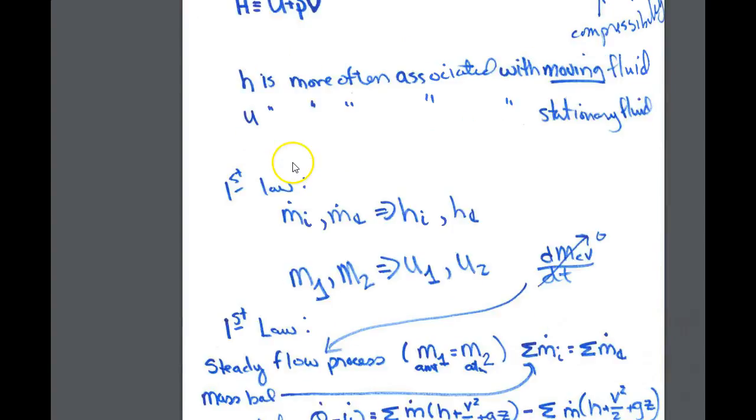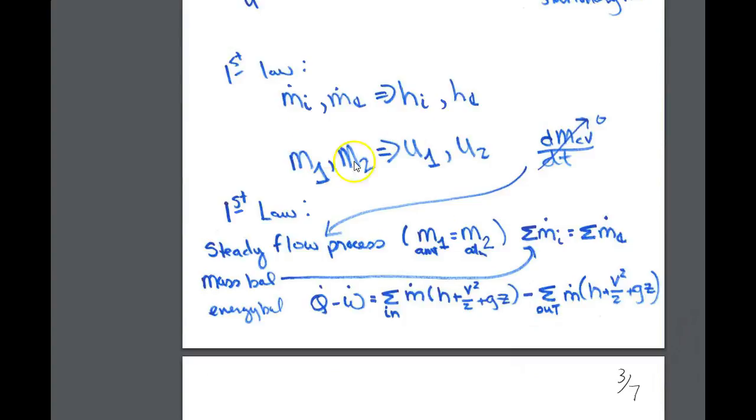So when we talk about H, it turns out, just from an engineering point of view, there are some very good scientific reasons for this, but H is more often associated with a moving fluid, so the fluid's coming in and out of the control volume, whereas U is more associated with the stationary fluid or the mass in the system or control volume at time 1 and the mass in the control volume at time 2.